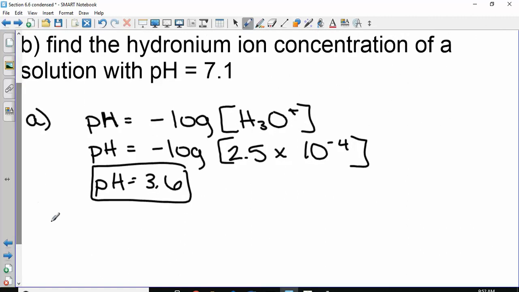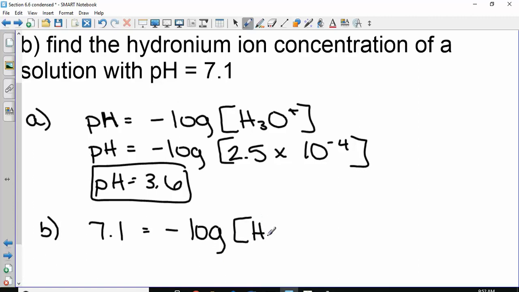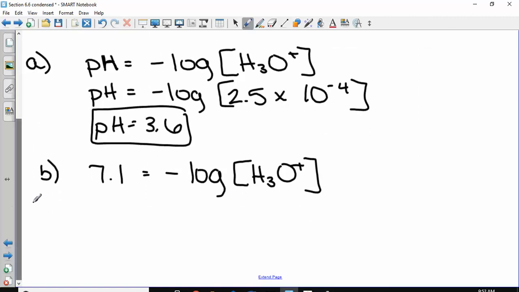Question B, I'm asking for the H3O+. I'm telling you pH is 7.1. So if we plug that in, 7.1 equals negative log H3O+. So if I'm trying to get the log by itself, what would you do with that negative?